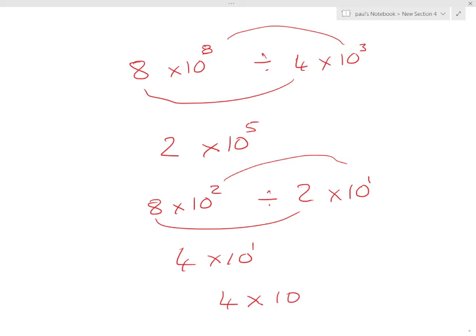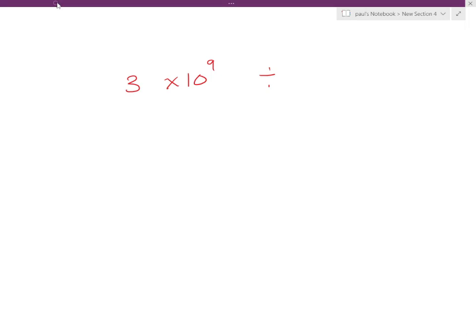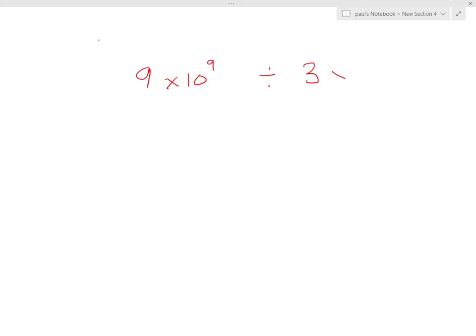So what happens if these numbers are a bit different? Let's do a number that actually works. 9 times 10 to the 9 divided by 3 times 10 to the 2.